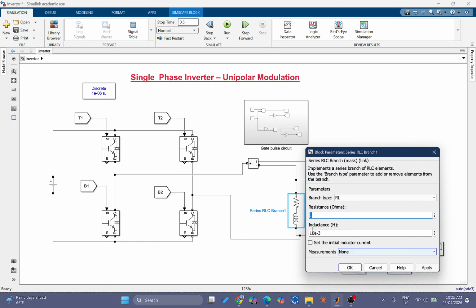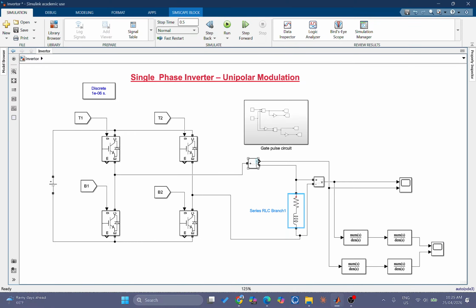My resistance is 1, and inductance is e to the power minus 3. I'll keep my load the same for now. Then I have measurement blocks to measure the current and voltage generated by the inverter.